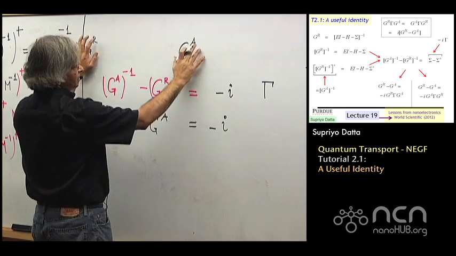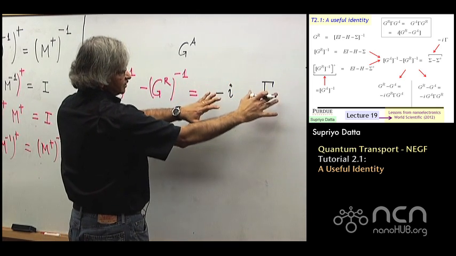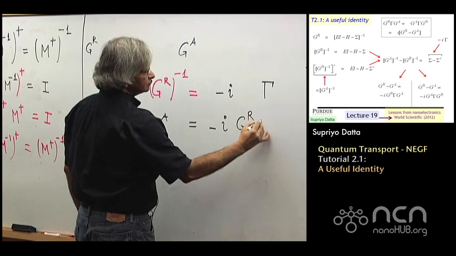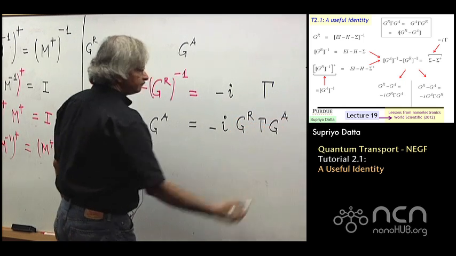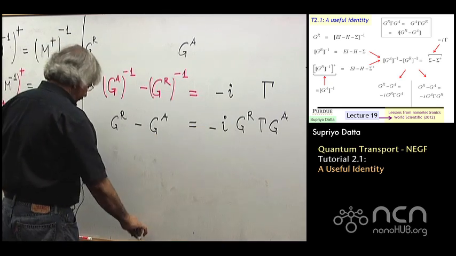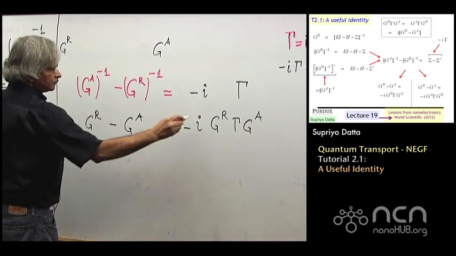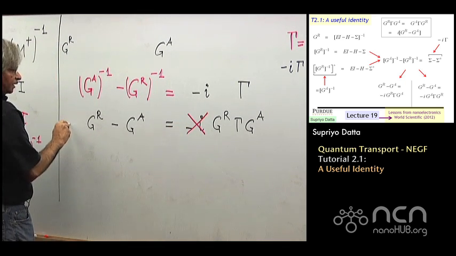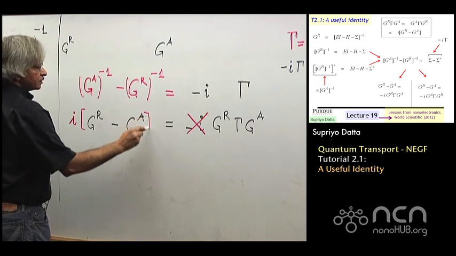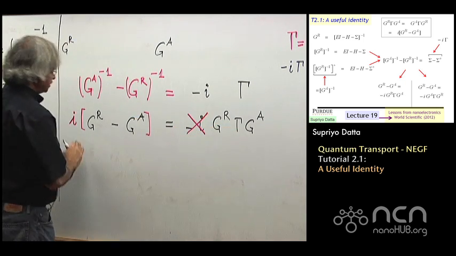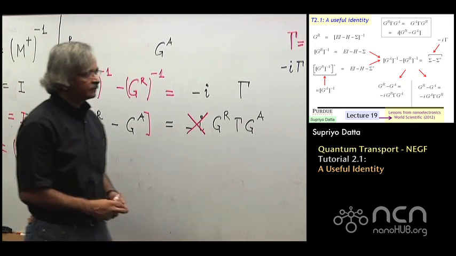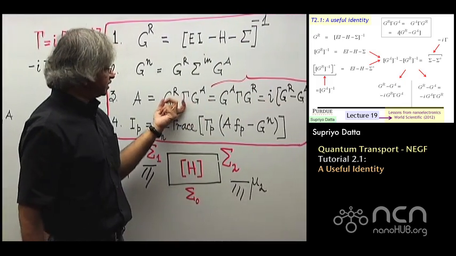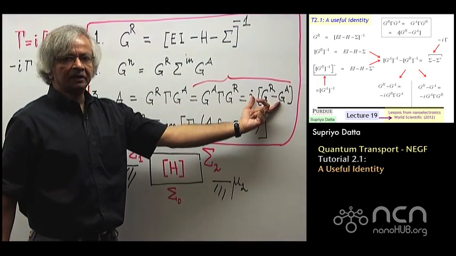If I multiply with GR and GA on the left and right, I have to do the same on this side also. So I'll get a GR here and a GA there. See? And now I can take the I from there and put it on this side. So minus I, I can divide by minus I, which means like multiplying with plus I. So you see, GR gamma GA is equal to I times GR minus GA. So we have kind of done that second one.